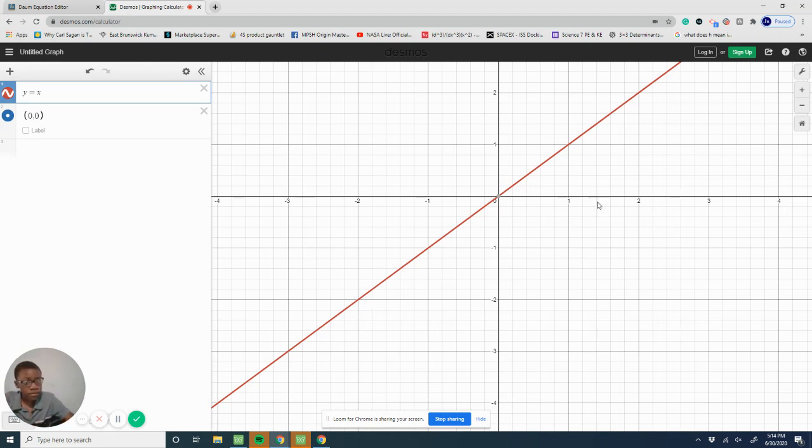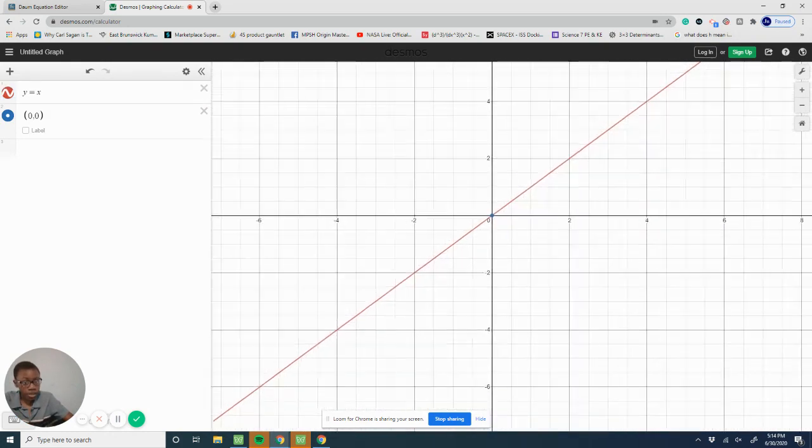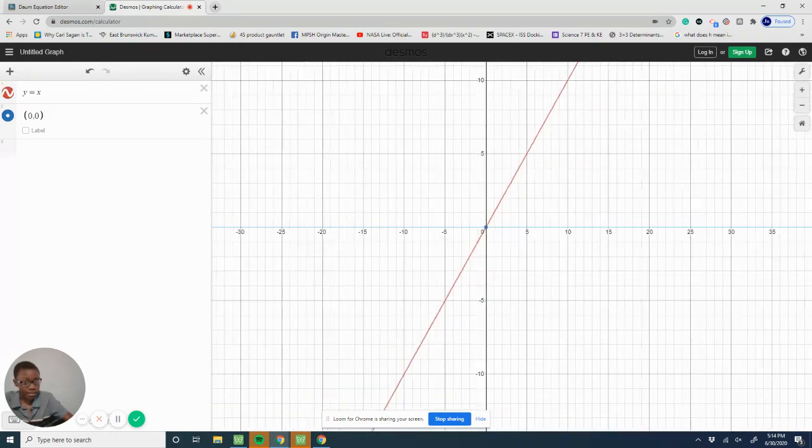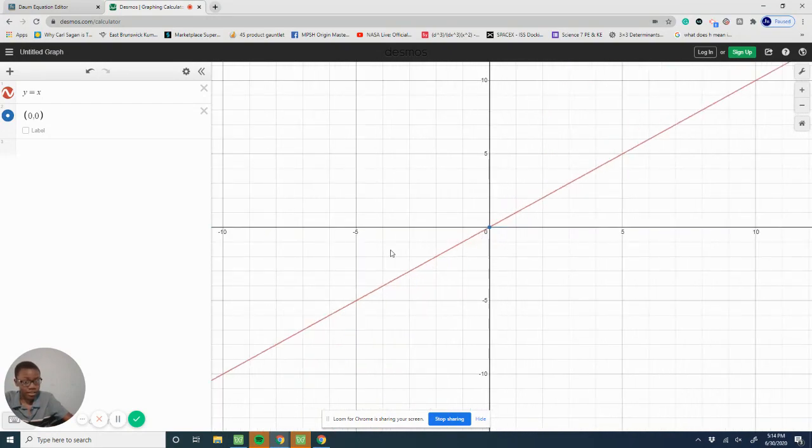Here we have the origin. As we move out on the x by 1, the y moves up 1, and it's going to keep going. When this moves out 1, that moves out another 1. It keeps going on and on to infinity.